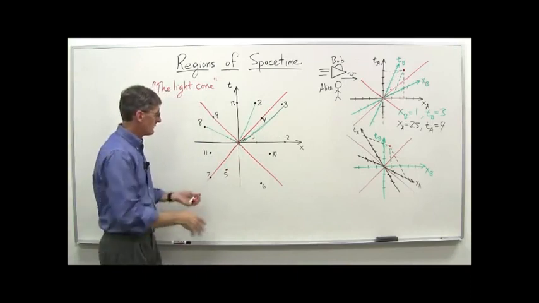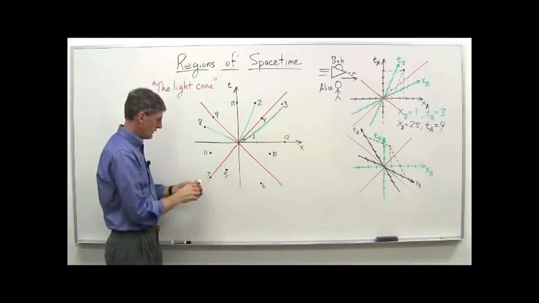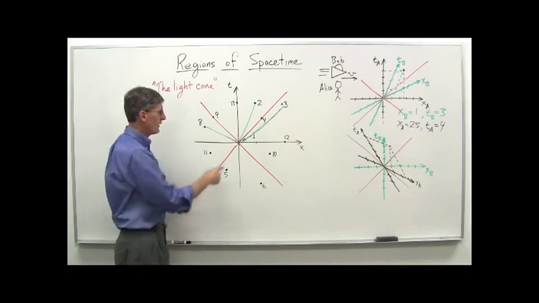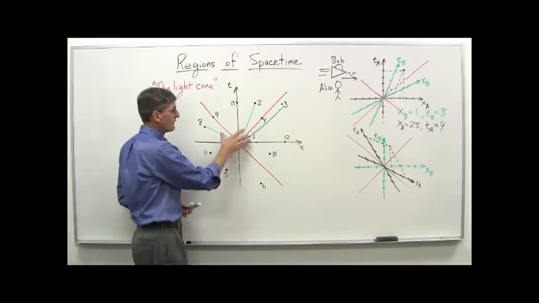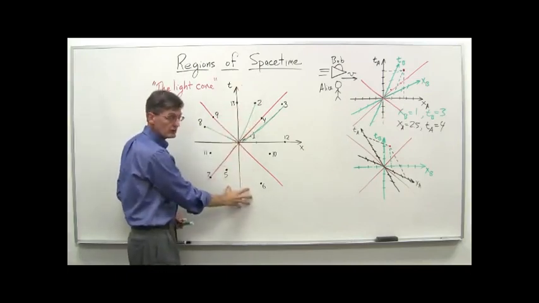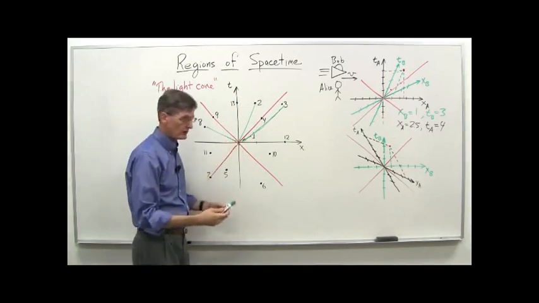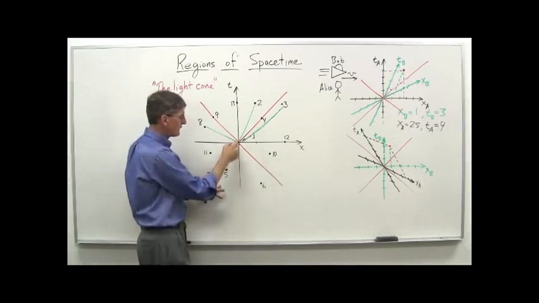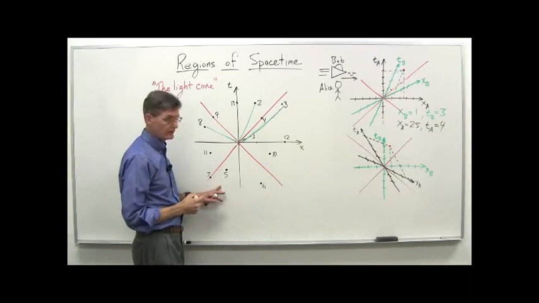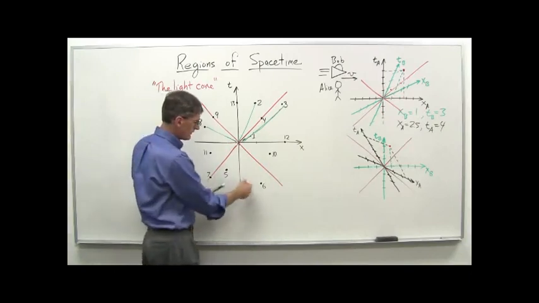Okay? What about these points on the bottom? Well, the question there is not something at point 1 can affect these points. These are earlier in time than point 1. So here the question is, can an earlier event affect what's going on at point 1 here? Well, again, same idea.